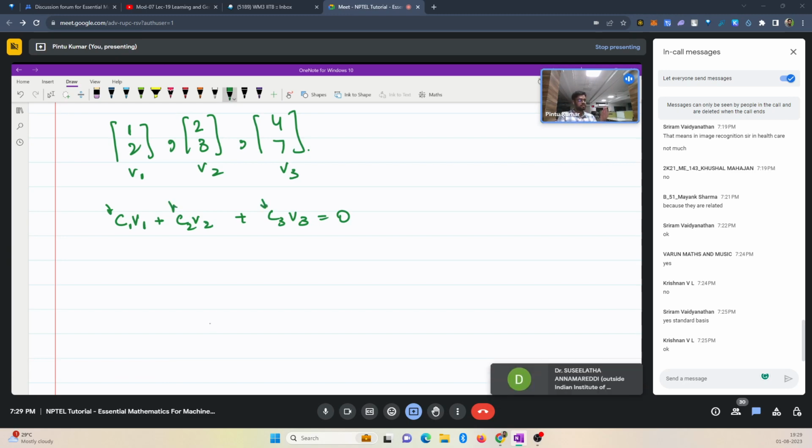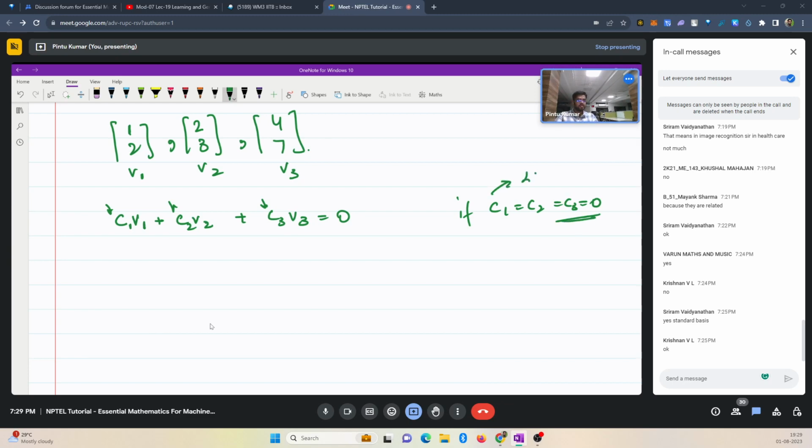If we obtain all the values as 0, so C1 equals C2 equals C3 equals 0, then we call this set linearly independent. If, when we obtain the solution set, even one of them is non-zero, then it is linearly dependent.